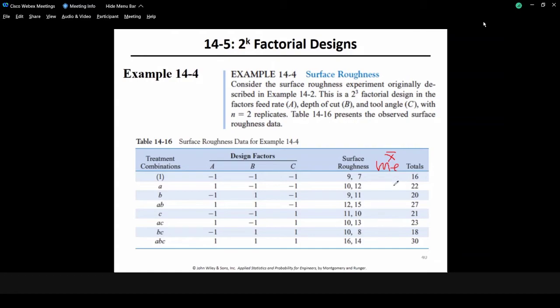For example, here 16 and 2 gives mean 8. 32, mean 11. This one will be 10.5, 13.5.